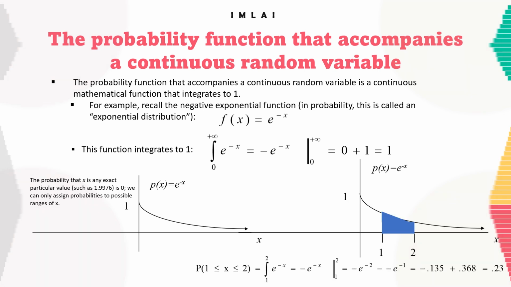In this case, if you want the probability between 1 and 2, in between the limits of 1 to 2, you can directly calculate it from the integration only. So the integration of e power minus x from 1 to 2, you can directly calculate. You get around 0.23, and if you look into the graph, that's what you'll get.